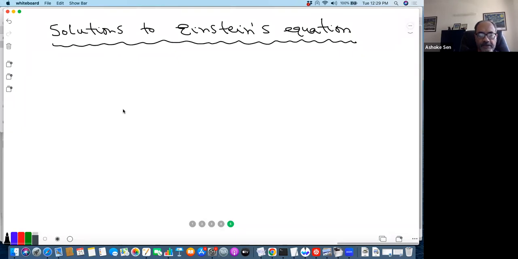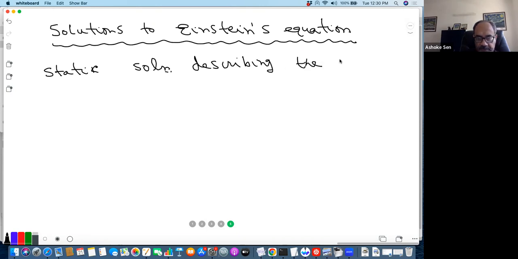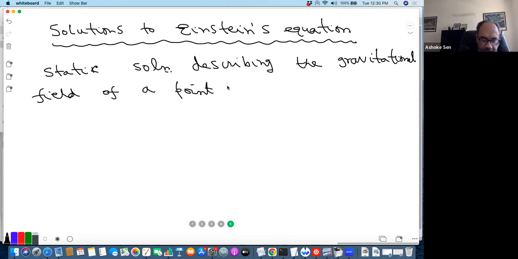So we'll start with the simplest possible case, that is a static solution describing the gravitational field of a point mass.